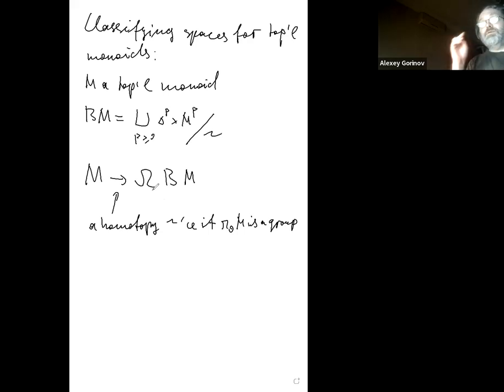I will not say any more about this, except I will mention the phrase A infinity. But I don't want to get into detail about A infinity spaces and their relatives.